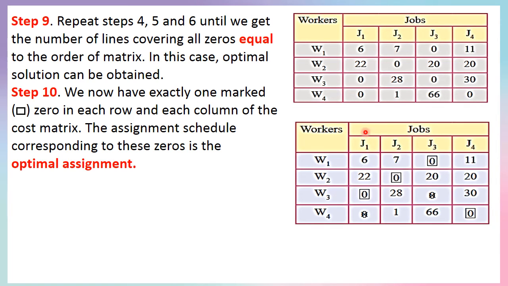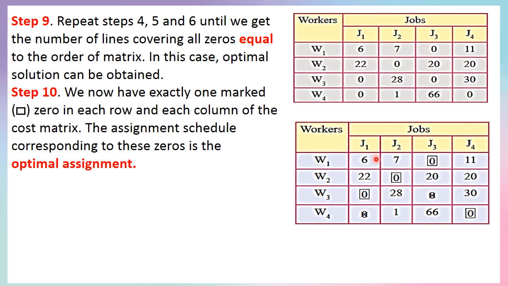Now we repeat the same process for the columns. The first column has exactly 1 zero now. So either you can assign this zero and cross out the zero in that particular row, but here we have selected this option. The second column does not have any zero left, the third column also, but the last column, the fourth column, has exactly 1 zero.